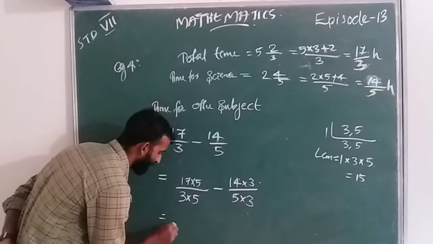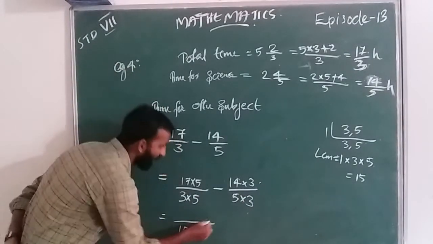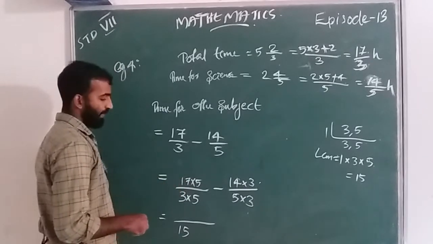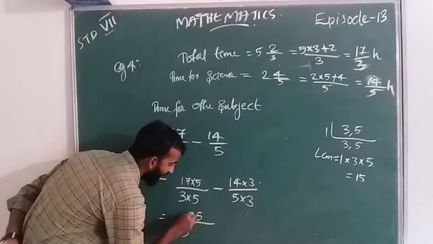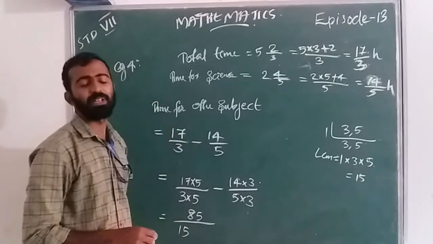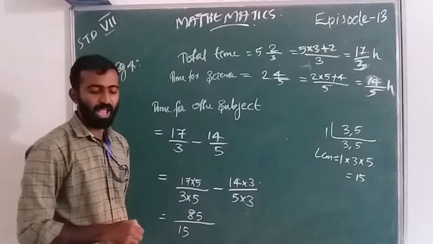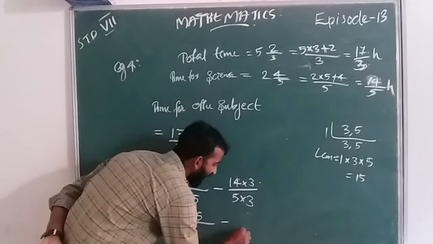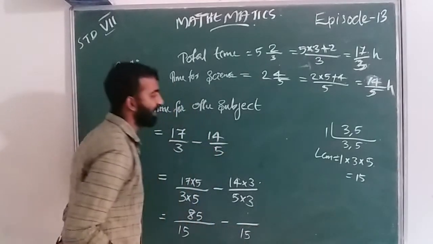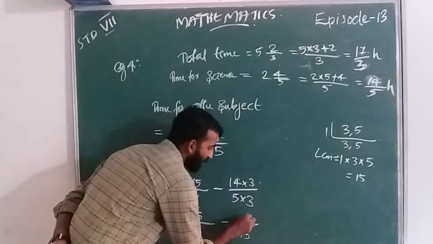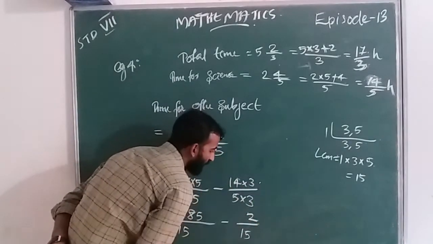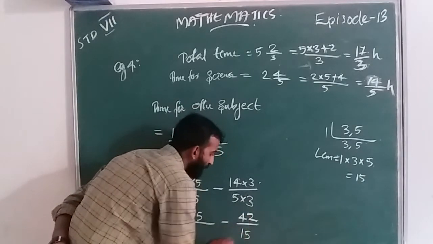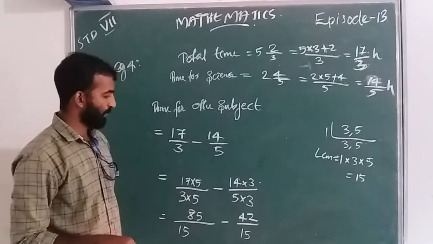Next step, 15 upon, when we multiply 17 into 5 we get 85. Minus, 15 upon, 14 into 3 is 42.